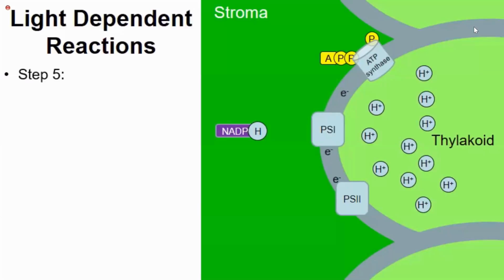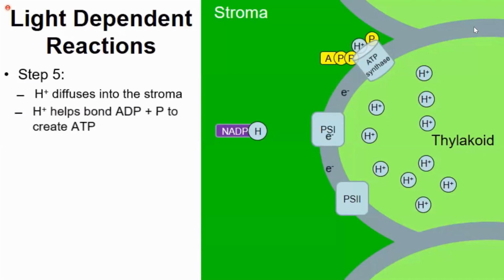So when we come to our next step, because there's such a large amount of them, the hydrogens are going to start to diffuse through that enzyme labeled ATP synthase. And so what hydrogen does, from a high to low concentration, is diffuse through ATP synthase and help to bond a molecule of ADP, adenosine diphosphate, with another phosphate.